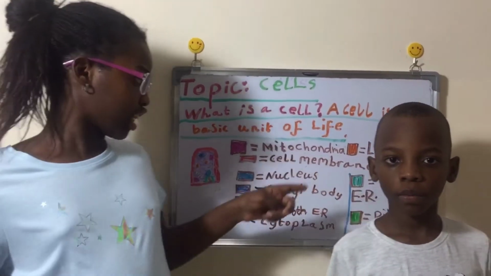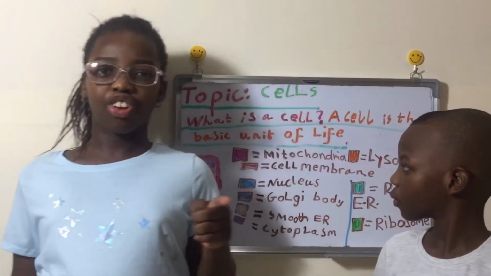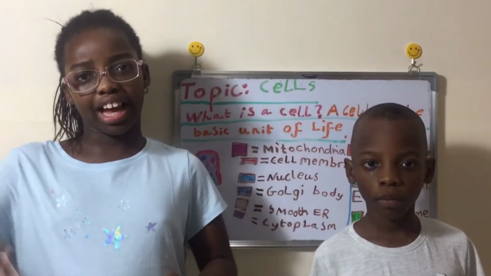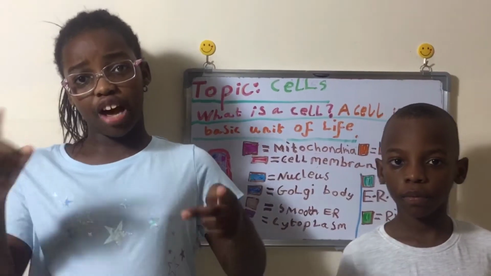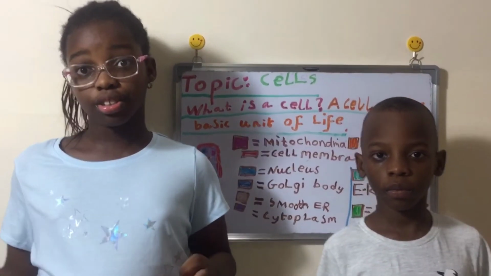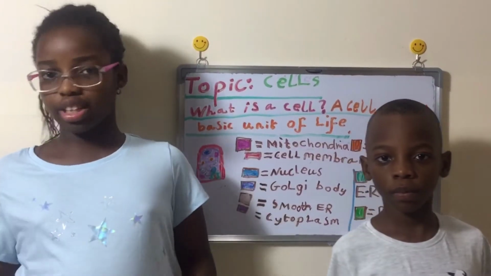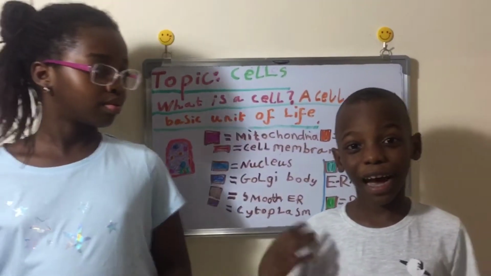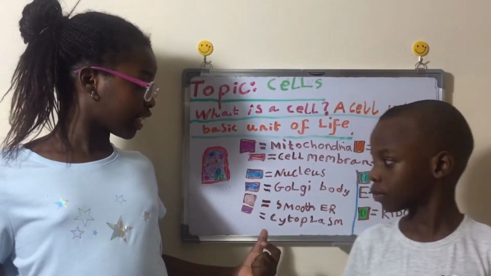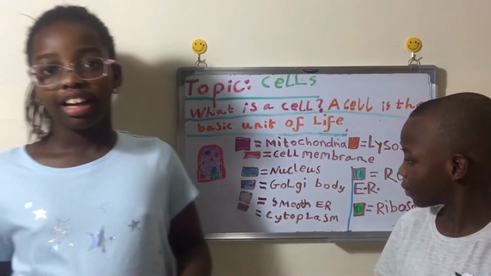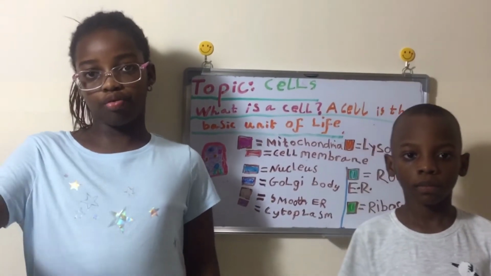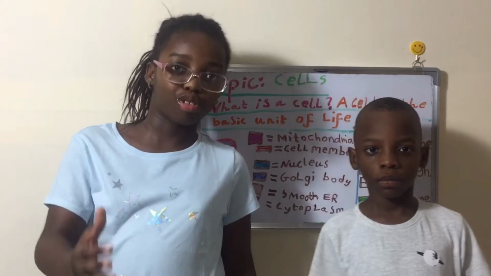Sometimes there's a cell wall which only happens to some, but not animal cells, like plant cells and fungi cells, and some others have some cell walls, but animal cells do not. And prokaryote cells have cell walls. And another thing that can also be added here is called chloroplast, which can only be found in plant cells.